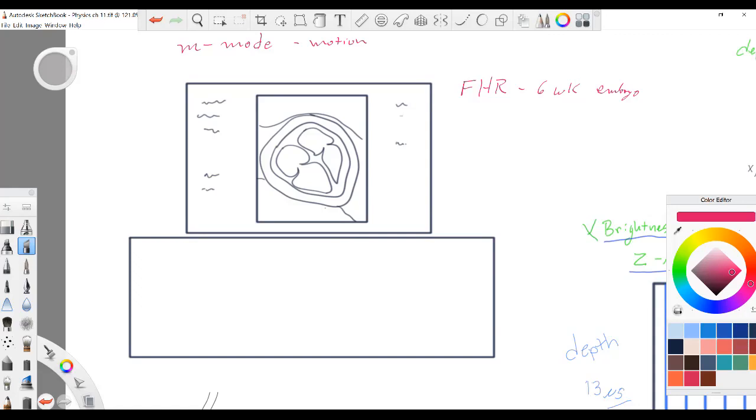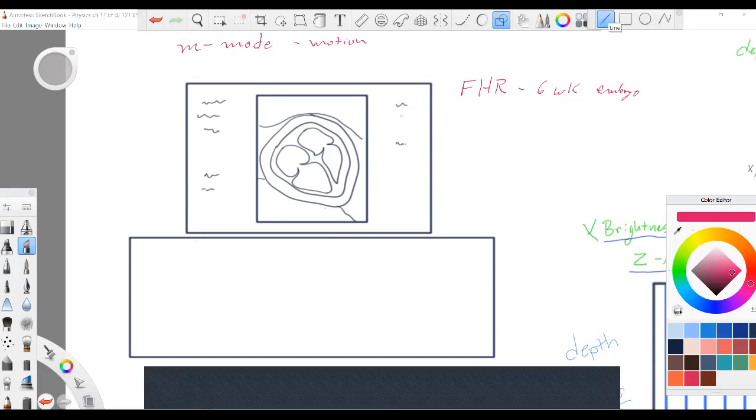Now what we have is kind of interesting. You can steer your M mode. You can move your M mode from side to side. Let's just put this one right about there.